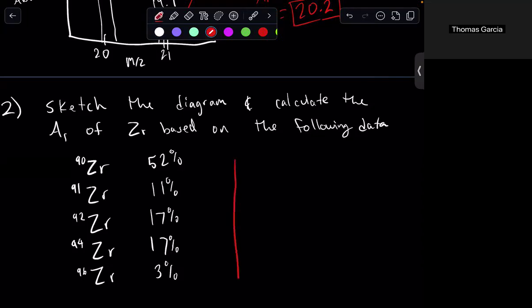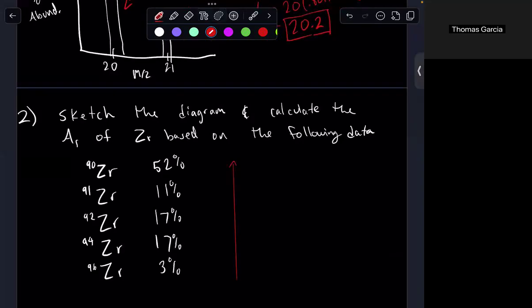Now, I'll try and be a little less rough here on this sketch, but it'll still be a little less clean than my other ones. I like to go through with 20s: 20, 40, 60, 80, 100.